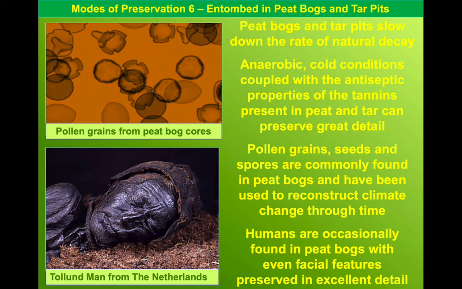Pollen grains, for example, that we can get from cores taken from peat bogs give us good environmental indications. We can even find some extremely well preserved fossil human skeletons, complete with skin, complete in some cases with stomach contents.